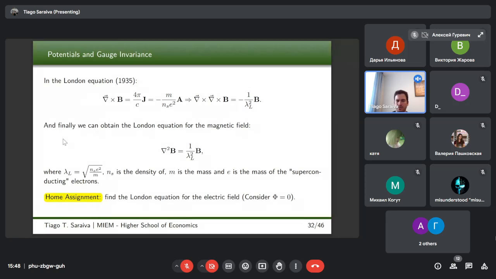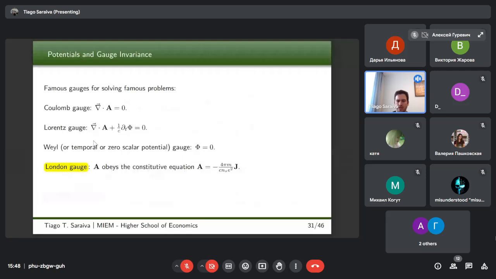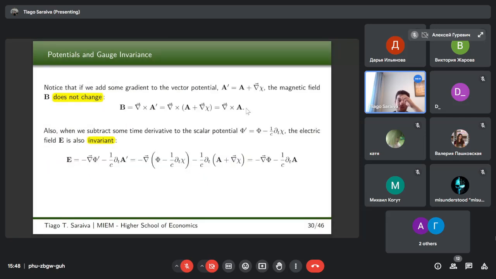You can just go to the London gauge, right? You can use this equation here and substitute in the expression of the electric field. So you can consider phi equal to 0 and put in your current.